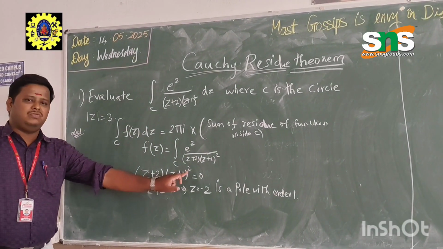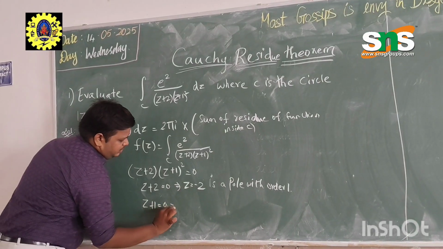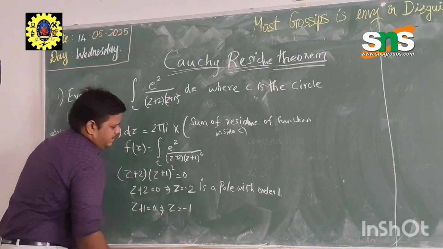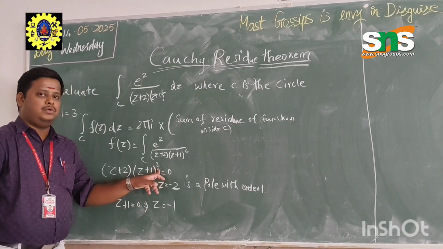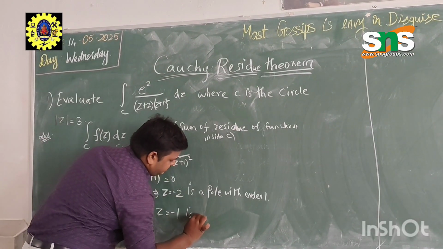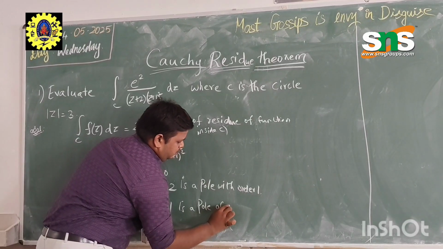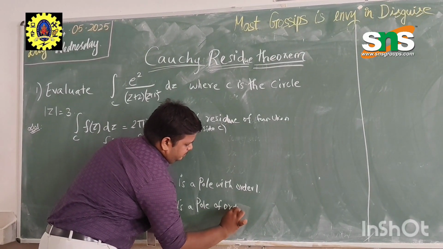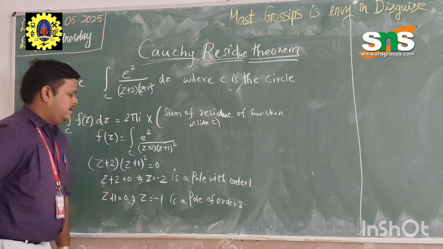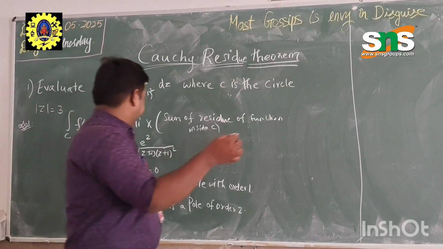Next, (z plus 1) the whole square is equal to 0 means z plus 1 is equal to 0, so z is equal to minus 1. Here the power is 2, so z is equal to minus 1 is a pole of order 2.